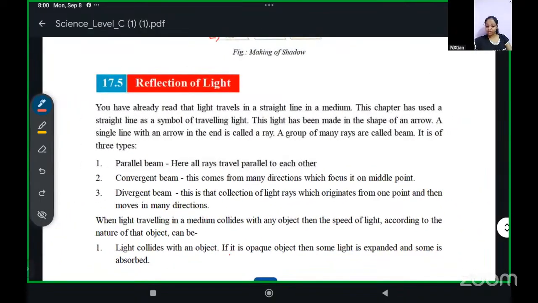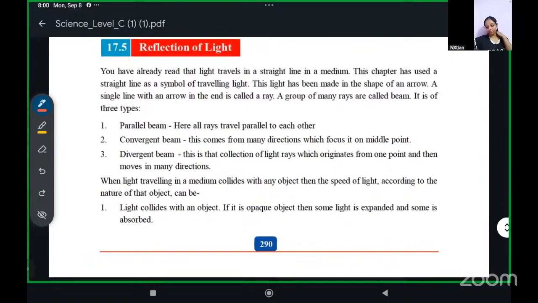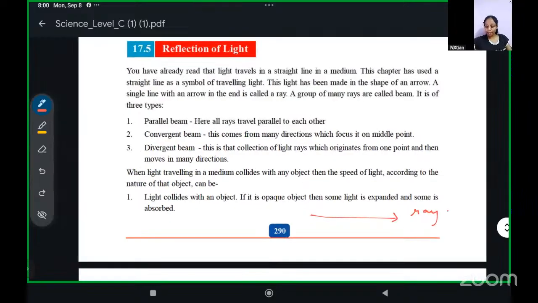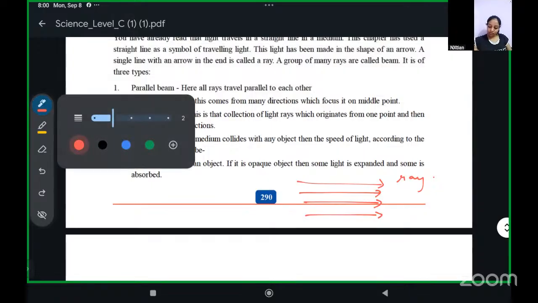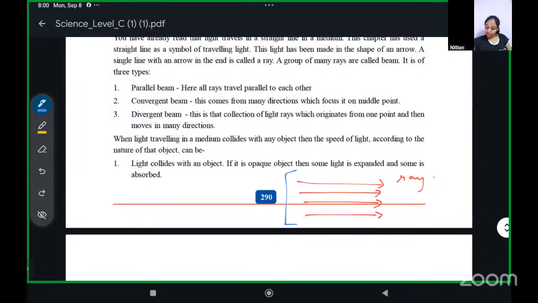Now, when light travels in a straight line, it is called a ray. When many of these rays are traveling together, it is called a beam.